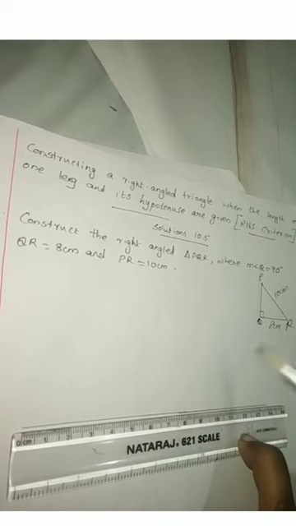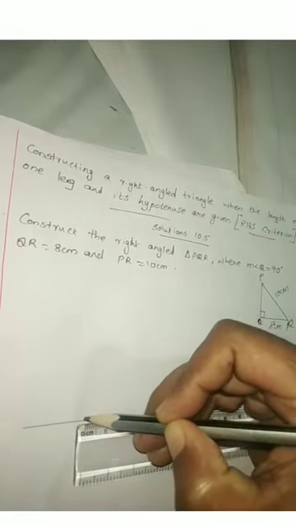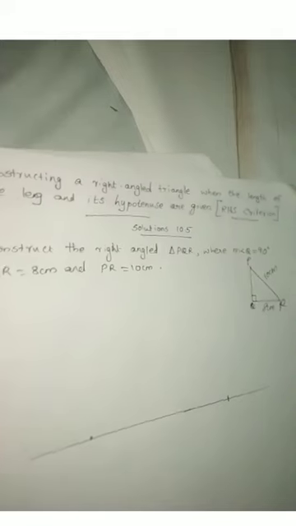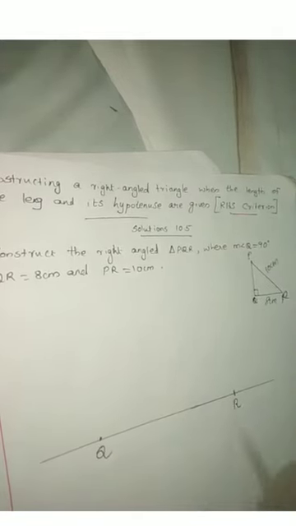Then from here or any other place, we take this as 0. Then we can mark this 0 as Q. Then from here to here is 8 cm. Okay. Then this one is Q and this point will be R.